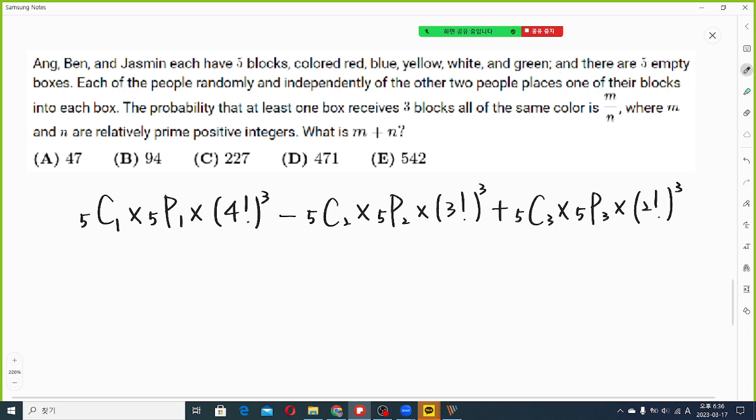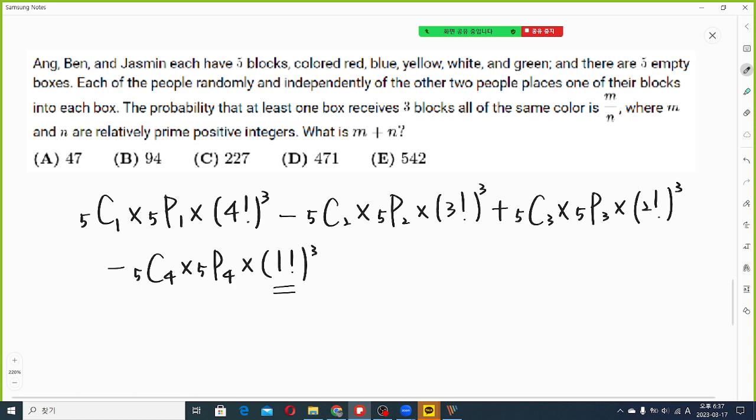So we subtract this fourth case, and there is one more case because of this arrangement: now all five boxes contain the same color.